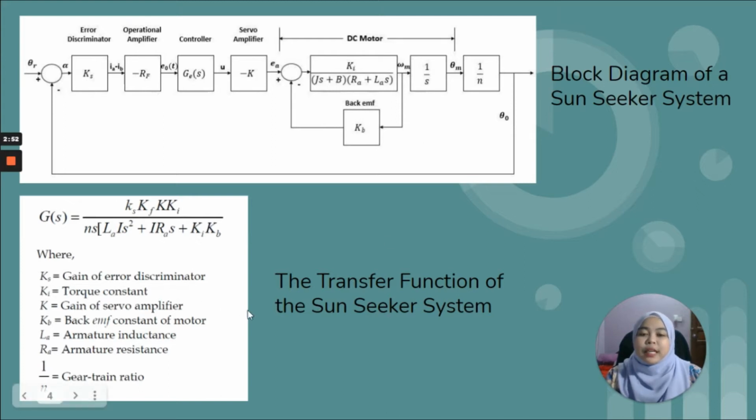This one is the transfer function of the Sunseeker system, where Ks is equal to the gain of error discriminator, Ki is the torque constant, K is the gain of servo amplifier, Kb is the back EMF constant of the motor, La is armature inductance, Ra is armature resistance, and the last one, A over N, is the gear train ratio.